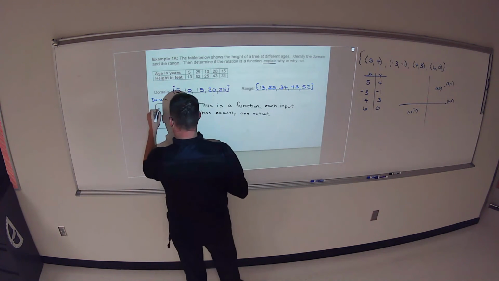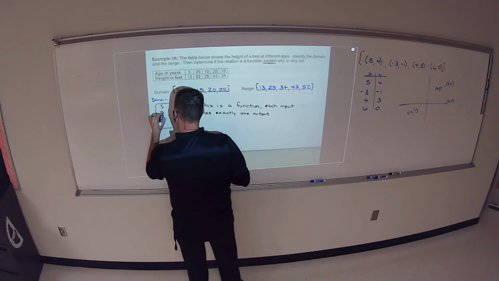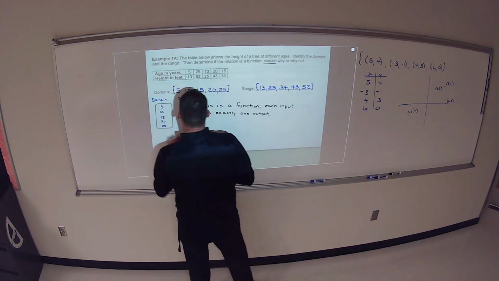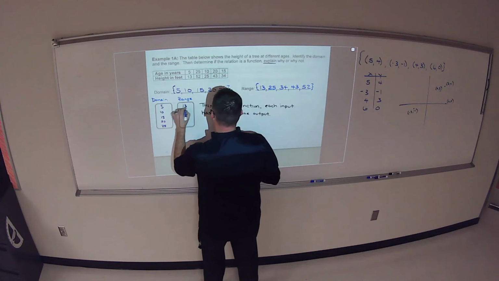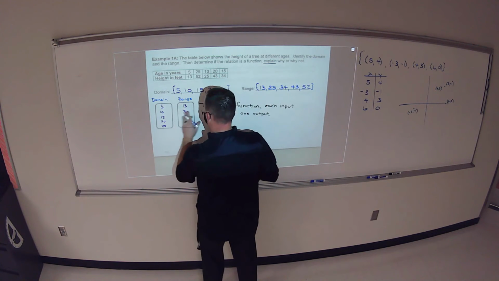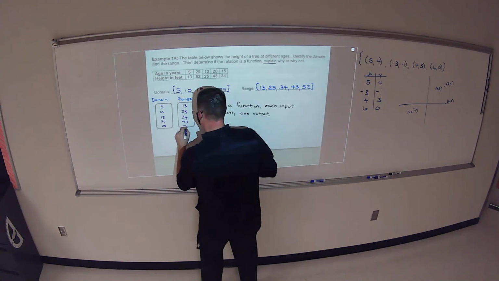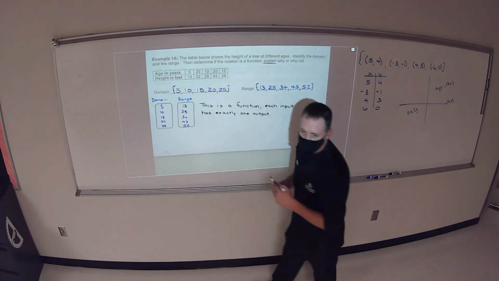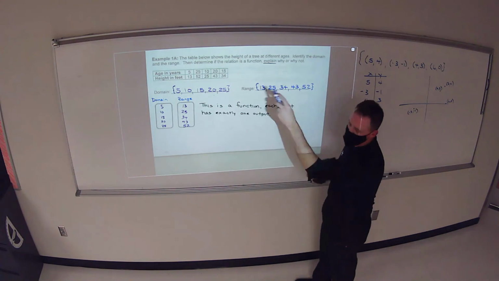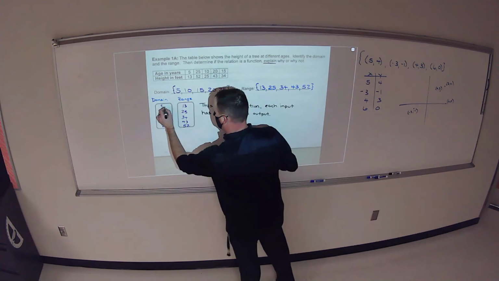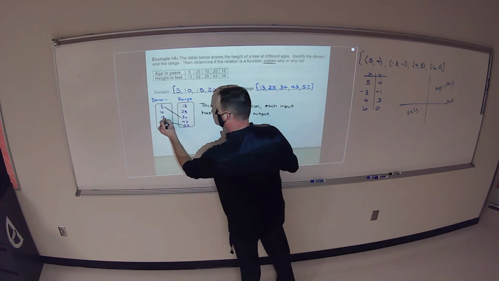So I had 5, 10, 15, 20, and 25. And over here we said we started with 13 to 25, to 34, to 43, to 52, okay? Let's say that the table was different. Let's just throw that out there for a minute. And I started to get a mapping diagram that looked like this.